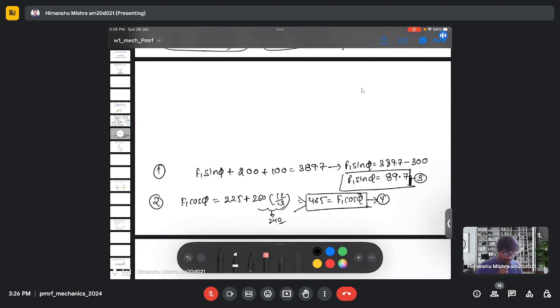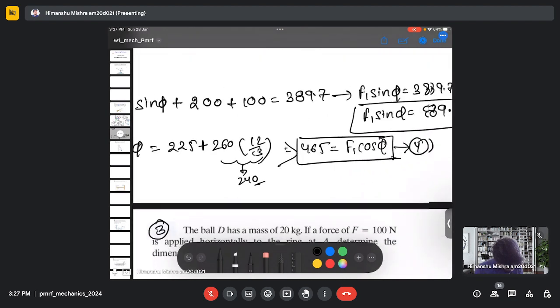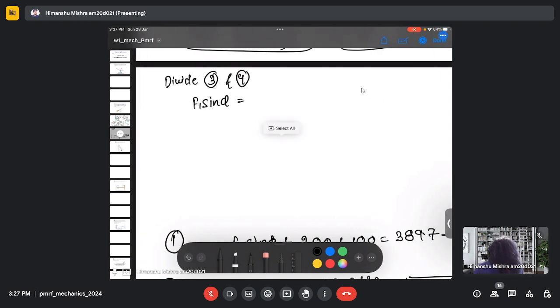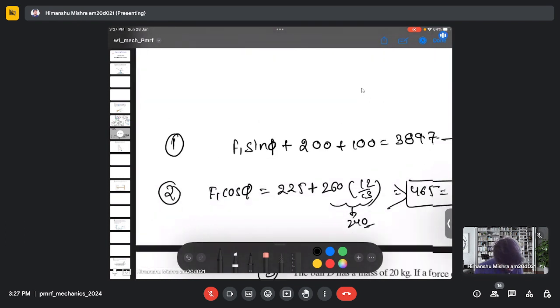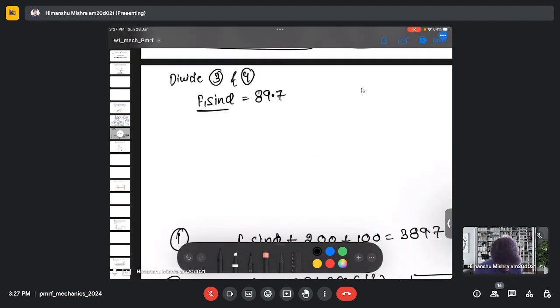So we can divide equation number 3 by equation number 4. When we divide, we have F1 sine phi equals 89.7, divided by equation 4, which is F1 cos phi equals 465.